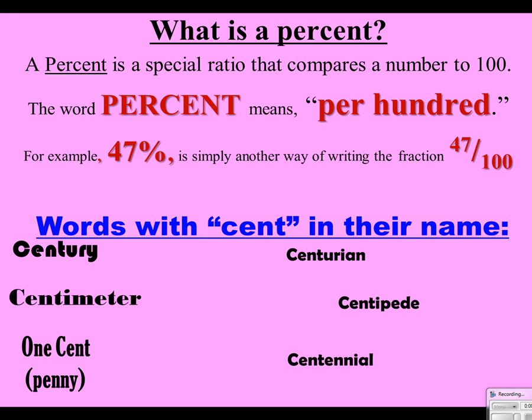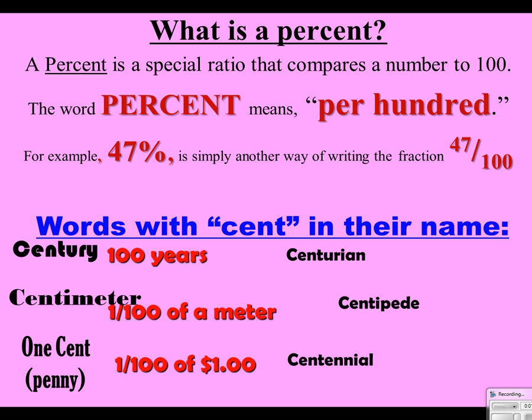I thought it'd be interesting to go over some common words that have cent in their name that have to do with 100. For instance, a century is 100 years. A centimeter is 1/100th of a meter. It takes 100 centimeters to equal a meter. A cent is 1/100th of a dollar.